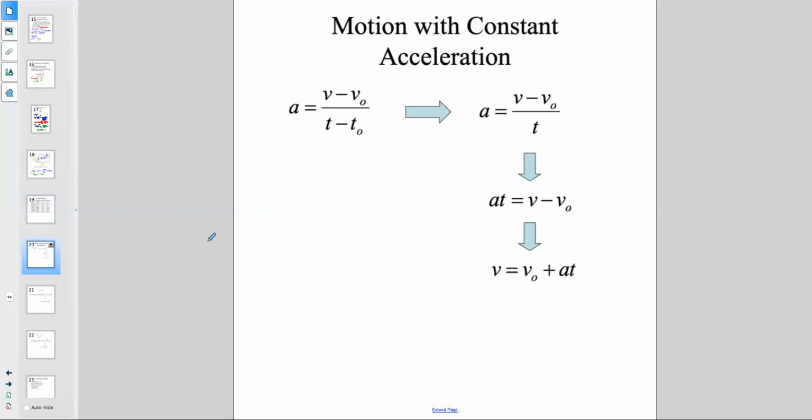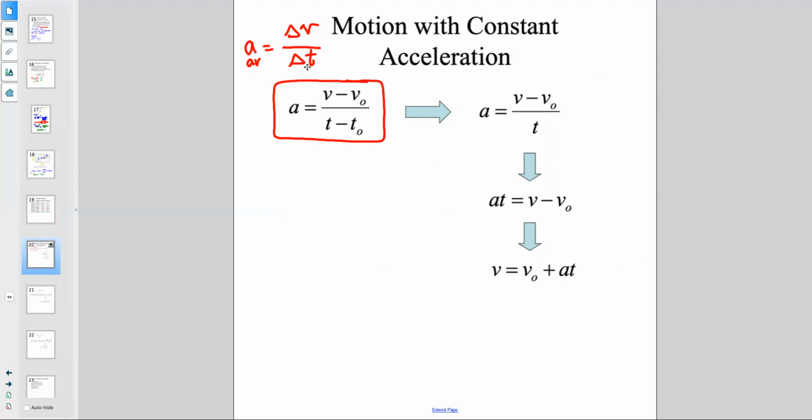So, motion with constant acceleration. Acceleration a is (v minus v naught) over (t minus t naught). Just like that, because if you remember, average acceleration is delta v over delta t.